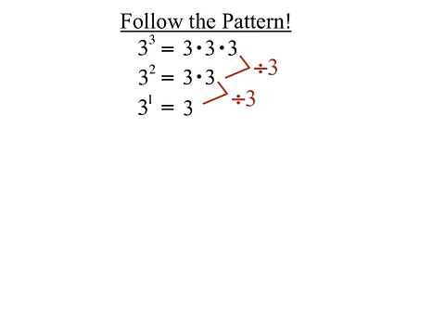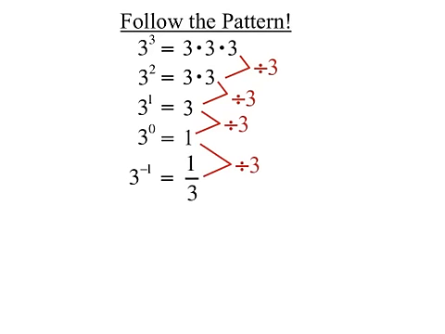But if I continue the pattern, it's going to be 3 to the 0 power. And that is still equal to 1. Now remember, if I divide that 1 by 3, I get 1/3. Or 3 to the -1 really means 1/3. And I divide it by another, it's 1 over 3 times 3, 1/3 times 1/3.